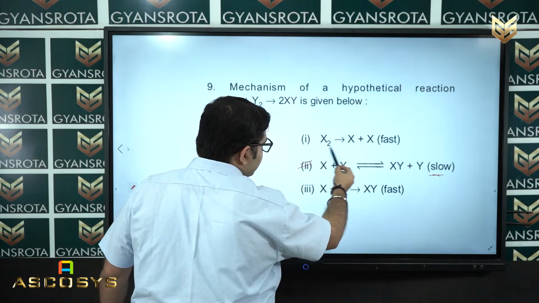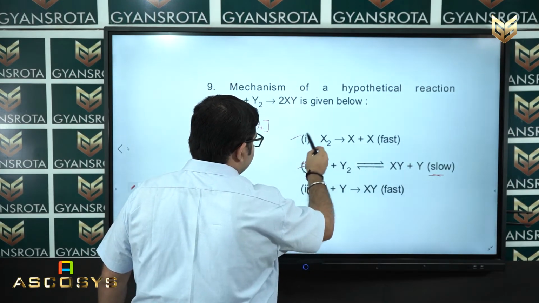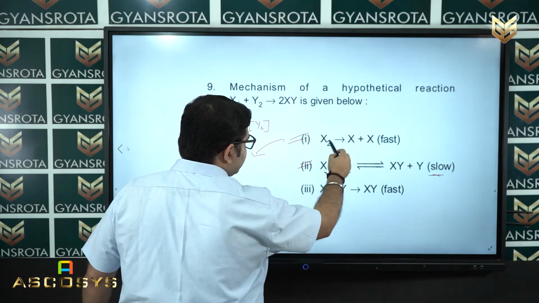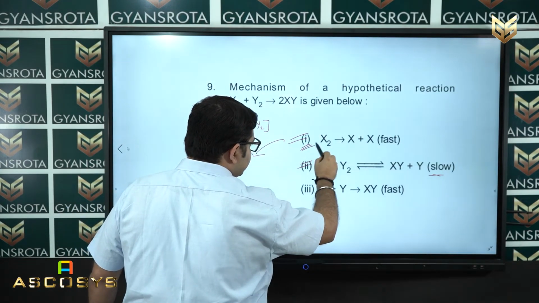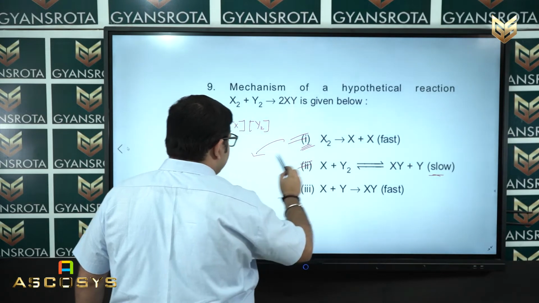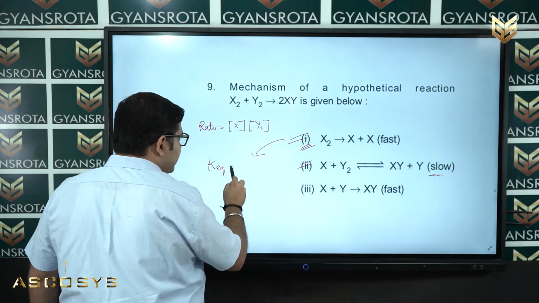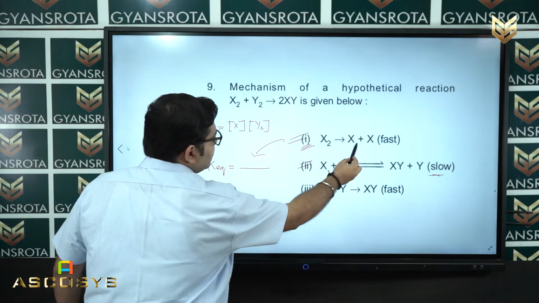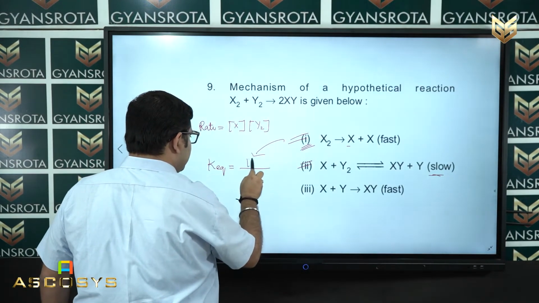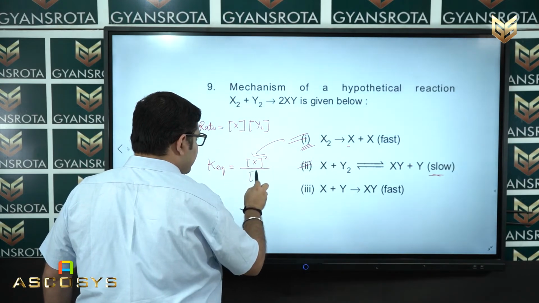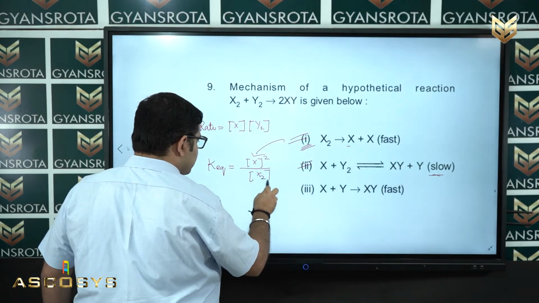Now if you see the first reaction, we can find that this step is a reversible step. Then what will you get? You will get K equilibrium equal to the product concentration, that is X squared, divided by the reactant, that is X2.